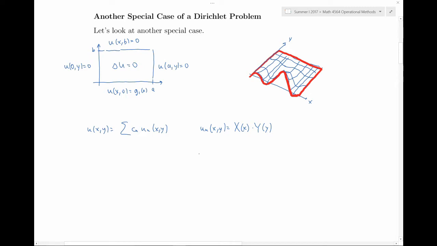Also, we assume that each function u sub n satisfies the zero boundary conditions where the boundary is supposed to be 0. So u sub n of 0y should be 0, u sub n of ay should be 0, u sub n of x 0, well, we don't know, and u sub n of xb is going to be 0.